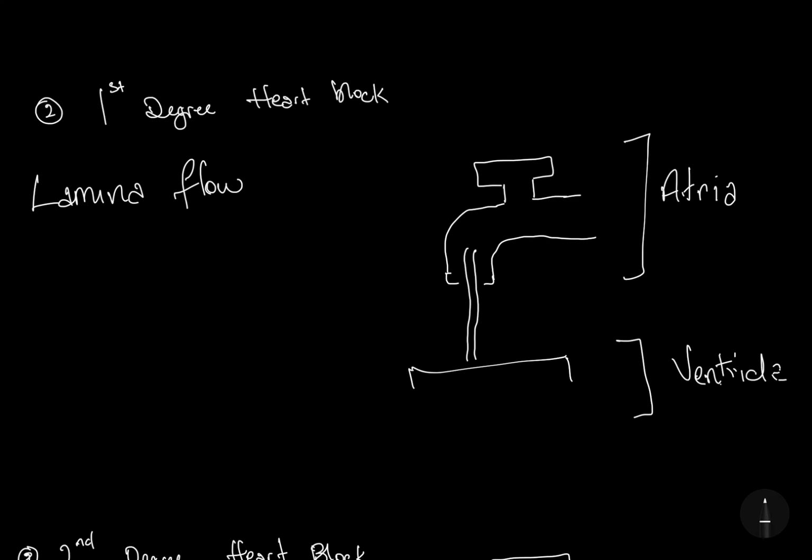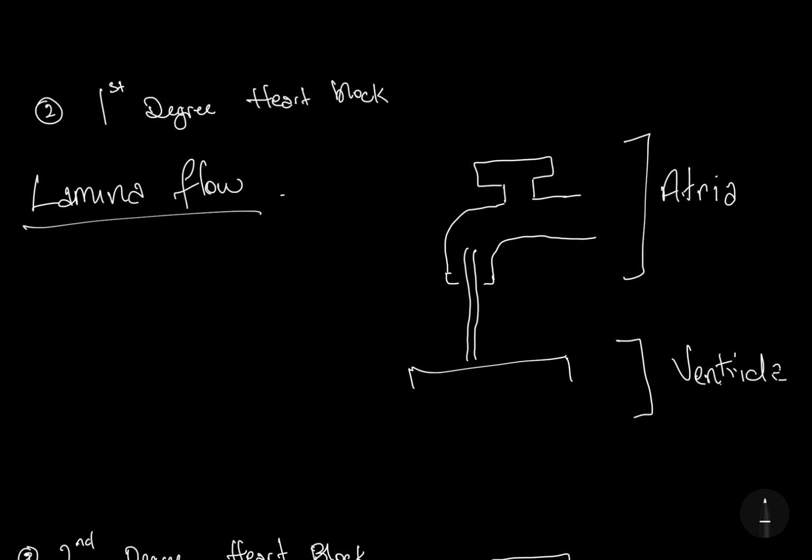All right, so a first degree heart block, when you've achieved your laminar flow, is going to tell you that the way you've had to achieve the laminar flow is by decreasing the velocity, or decreasing the electrical impulse from the atria to the ventricle.